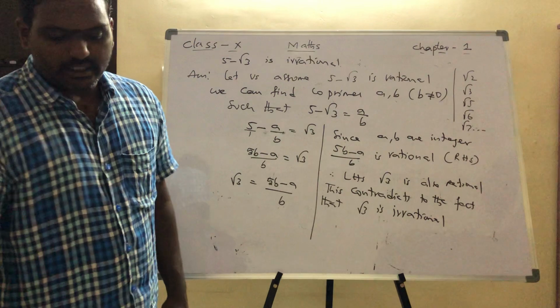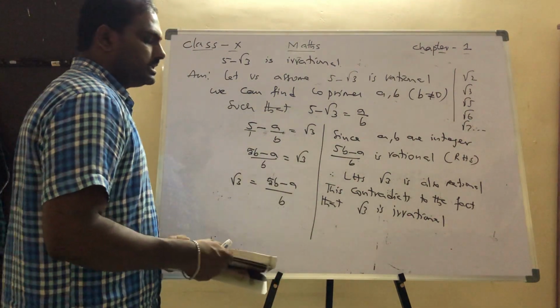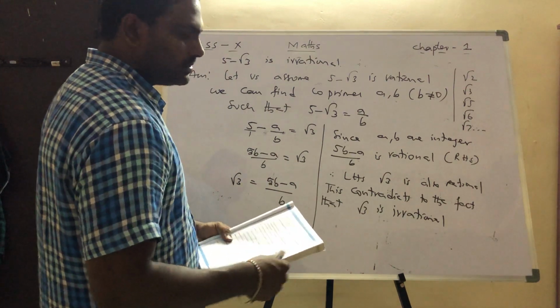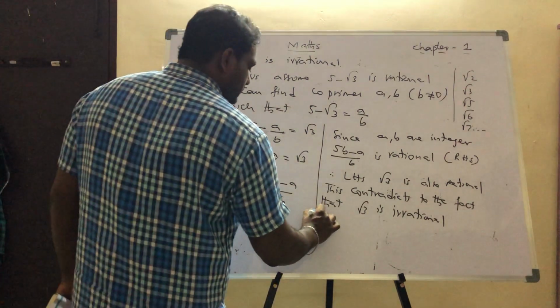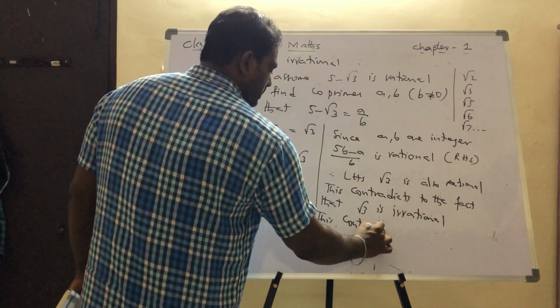Therefore this contradiction arises because of our wrong assumption that 5 minus root 3 is rational. Therefore 5 minus root 3 is irrational. So, you have to write all these steps.